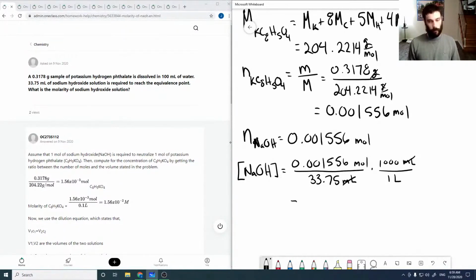And so this comes out to be 0.04611 moles per liter, or keeping it to 4 significant digits, 4.611 times 10 to the minus 2 moles per liter, or representing it as molar.